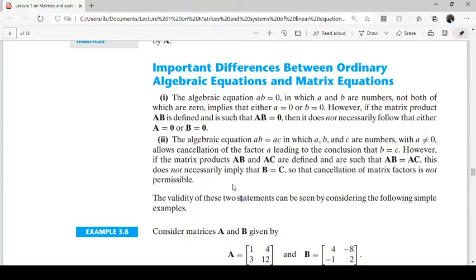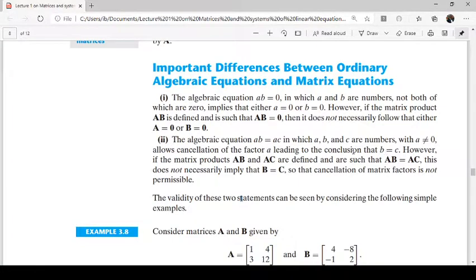Not only that, there's another aspect I will explain. If I have the equation AB equals AC, where I have numbers A, B, and C, with A not equal to zero, that's what we call the cancellation law in algebra. That means I can conveniently cancel this A. If I multiply by A to the power of minus 1 from the left side or right side, I will eliminate it.